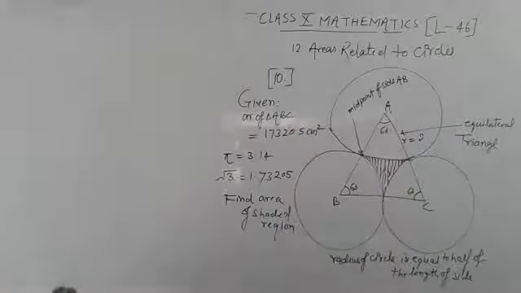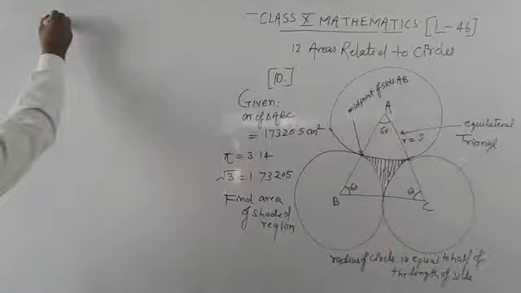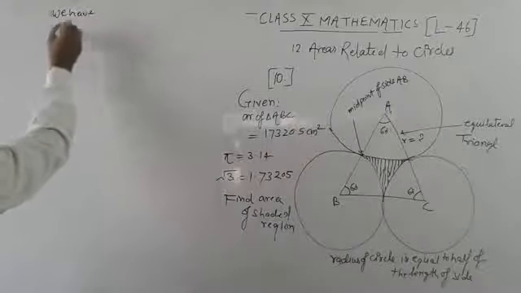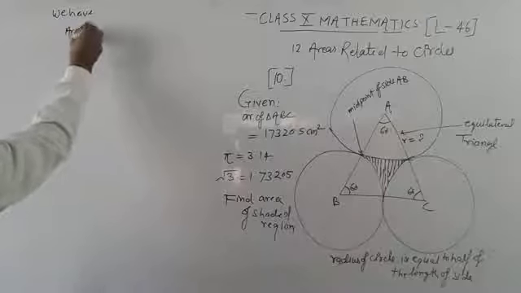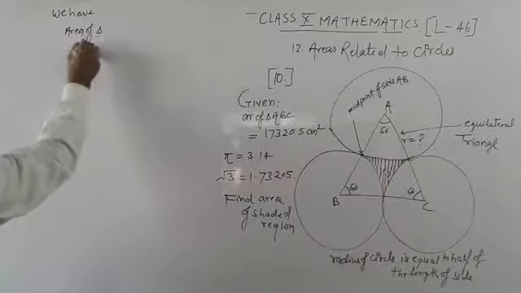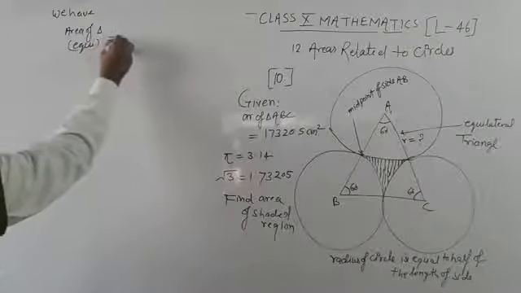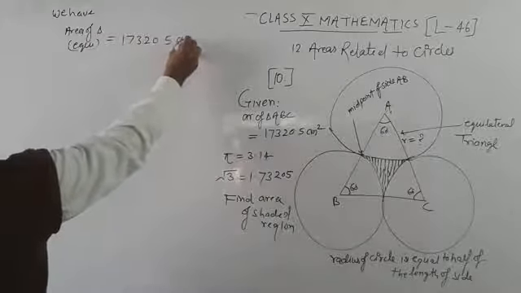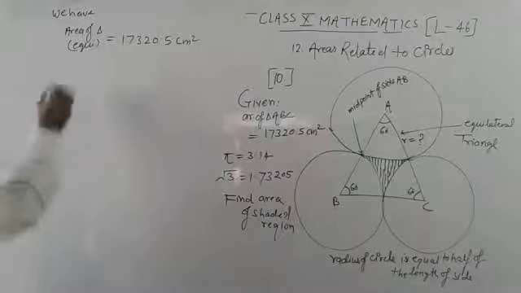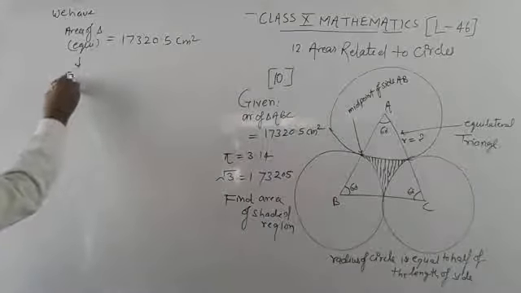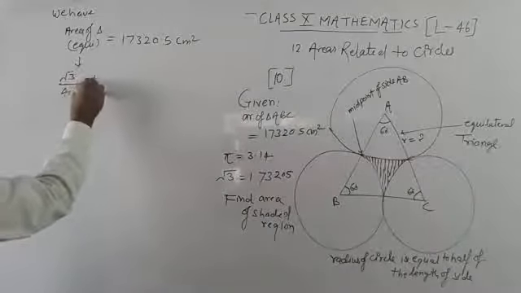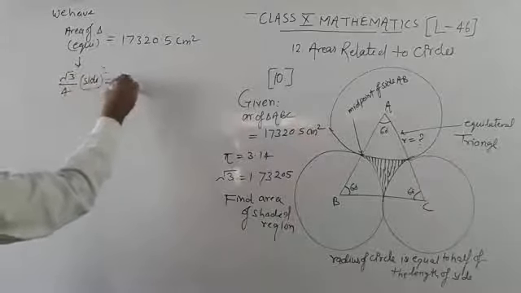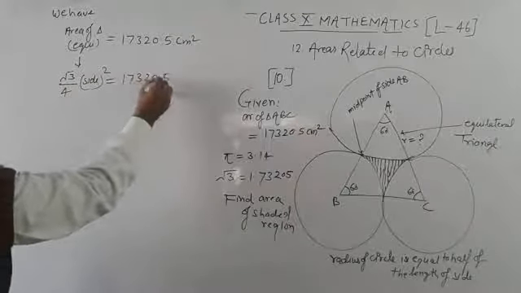So, here, students, we have the area of the triangle, which is equilateral, equal to 17320.5 centimeter square. Now, the formula: root 3 upon 4 into side square is equal to 17320.5.